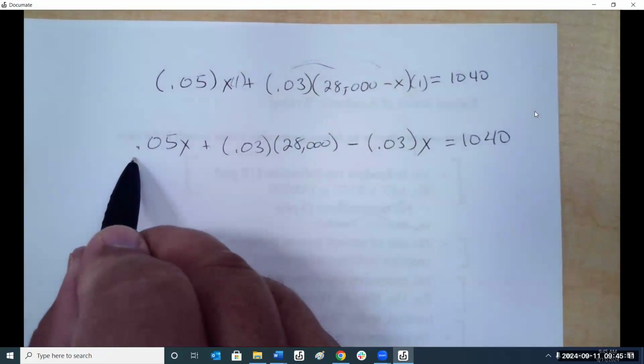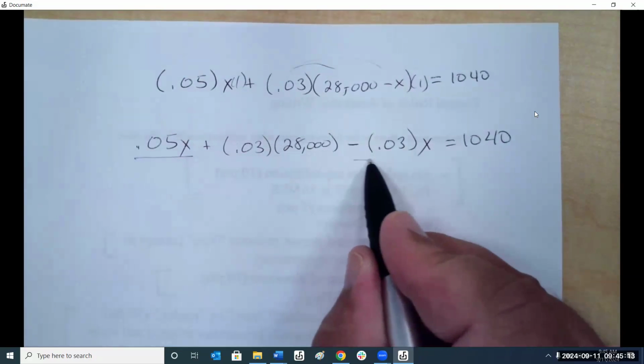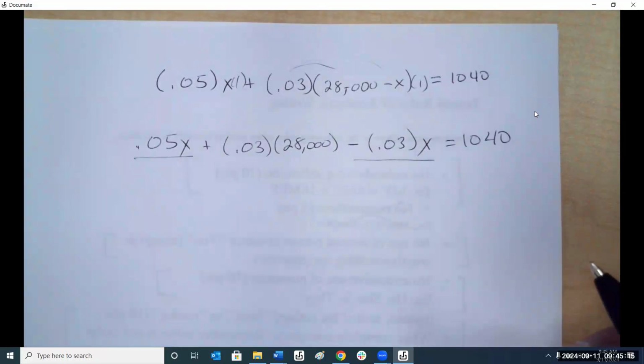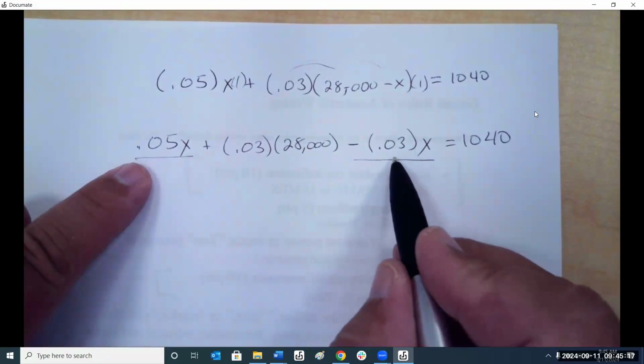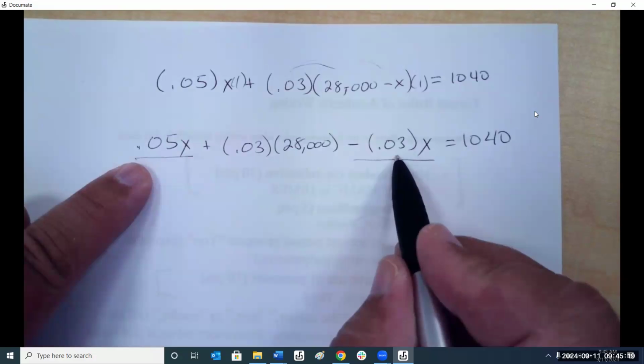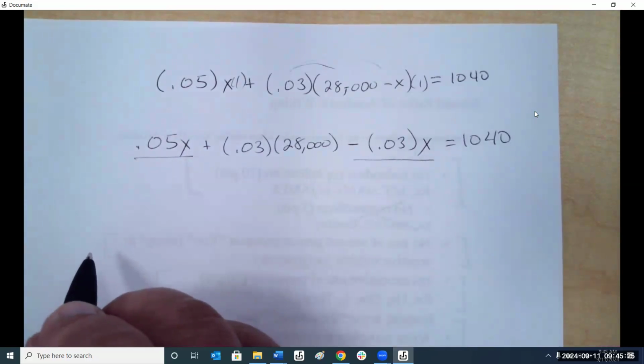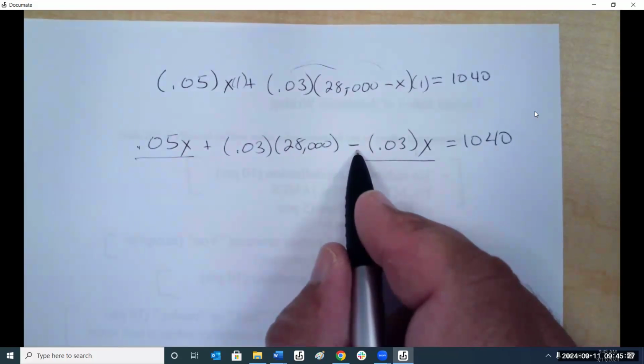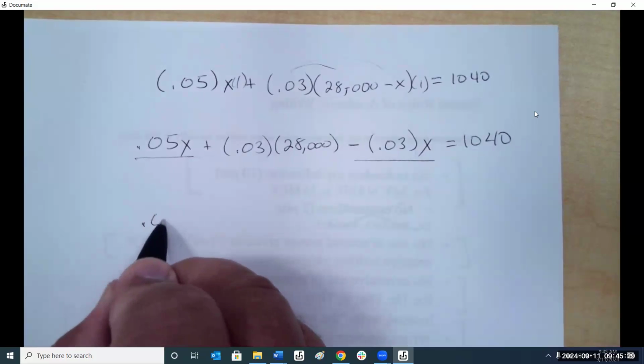So we have 0.05x minus 0.03x. What is 0.05 minus 0.03? 0.02x.